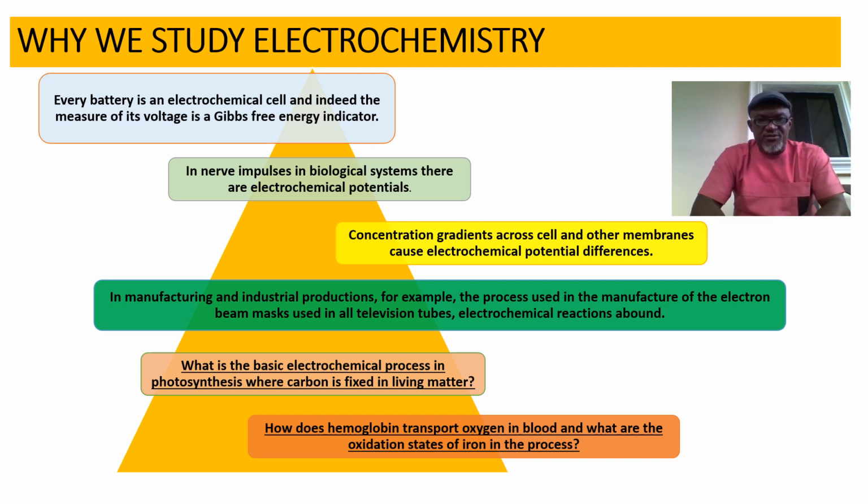Again, in nerve impulse, in biological systems, there are electrochemical potentials. We're not going to do biology here, but we want to give an example. If you remember, what is nerve impulse? A very good example: if I pinch you, or you have stepped on a nail or bottle, there will be transmission of nerve impulse to the central nervous system, where the analysis will take place, an input, output system.